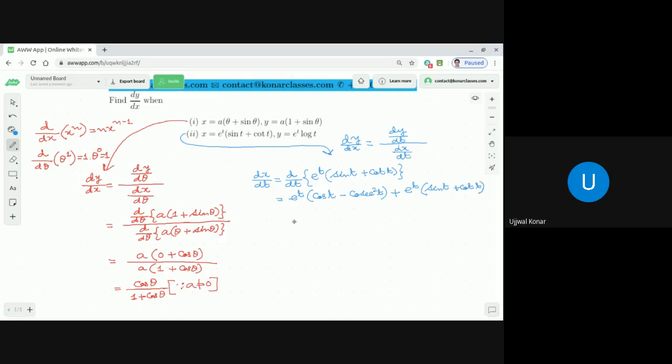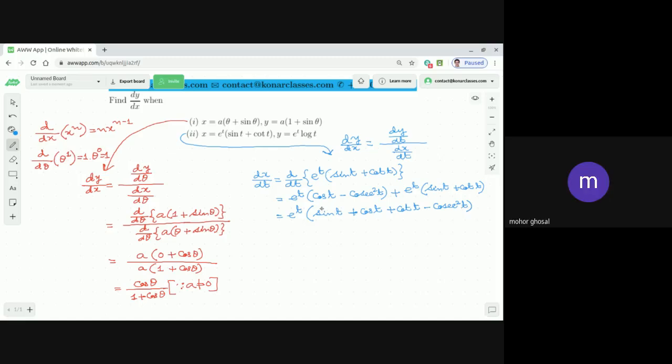So from here, dx/dt is e power t into [(sin t plus cos t) plus (cot t minus cosec square t)], correct? Got it? Clear or not clear?